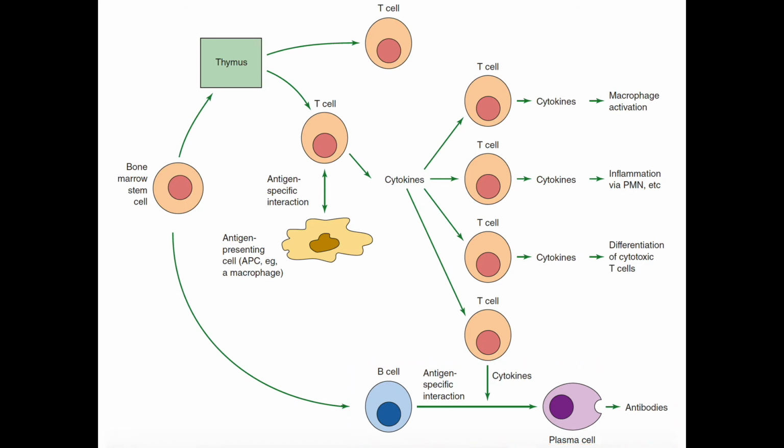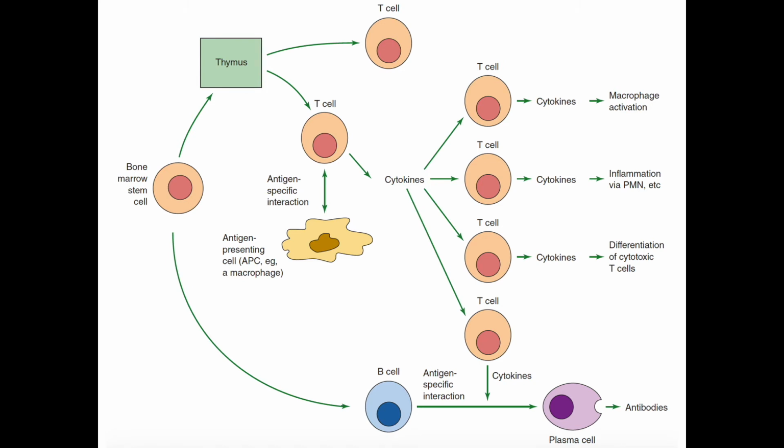Now, in the cell-mediated immune response, on the other hand, the antigen presented on the surface of the antigen-presenting cell by way of MHC class 2 complex is recognized by the CD4 T lymphocyte, whereas the antigen MHC class 1 complex is recognized by CD8 T lymphocytes.